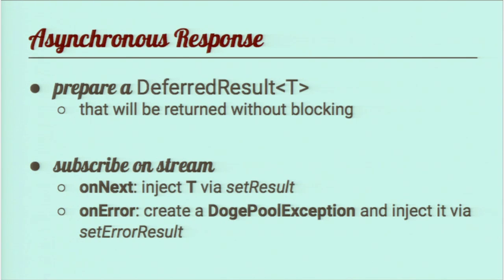So if I have 1,000 clients all making requests at the same time, I'm not spawning 1,000 threads to deal with each request and have the thread wait 10 seconds because we are doing I/O and it's slow as hell. I'm using just one thread to say, okay, I get the DeferredResult, I put it in a queue, and I start processing other incoming requests.